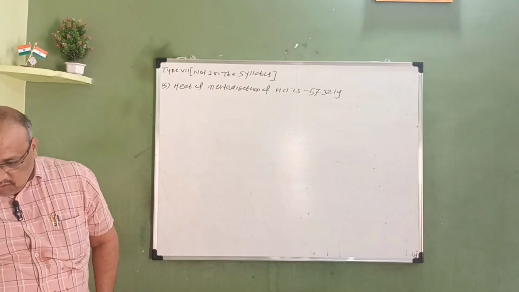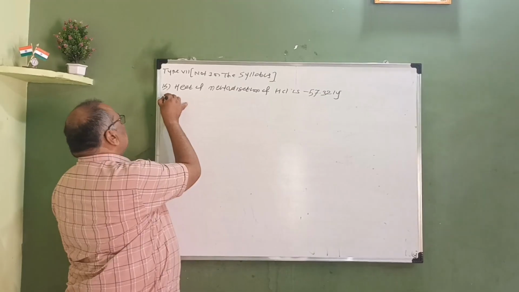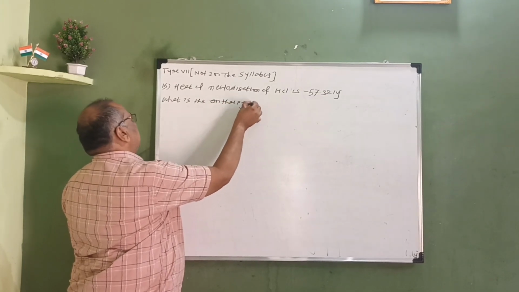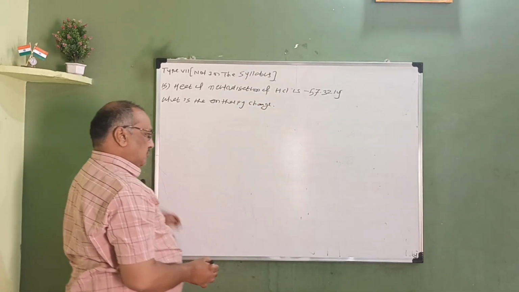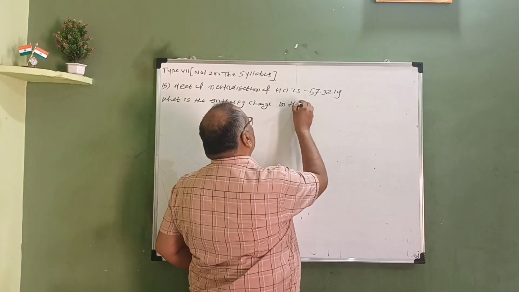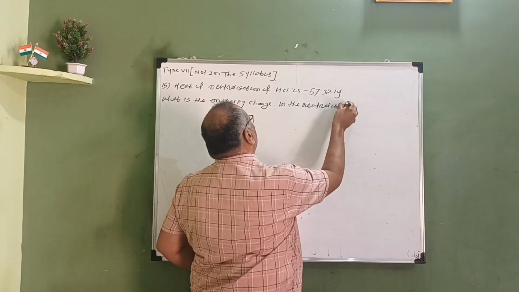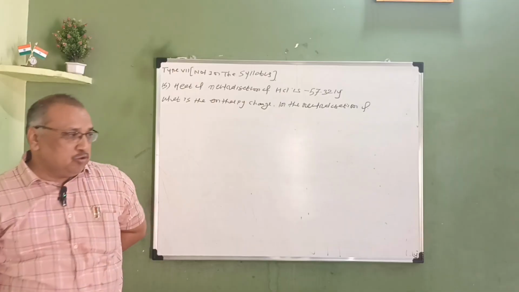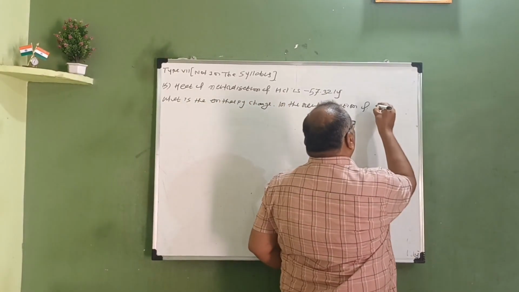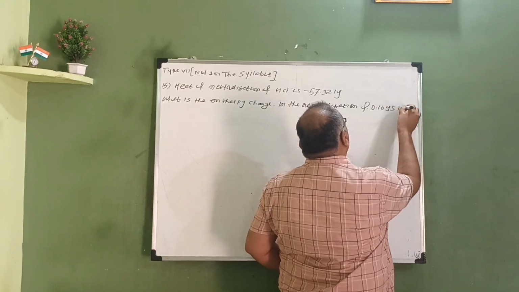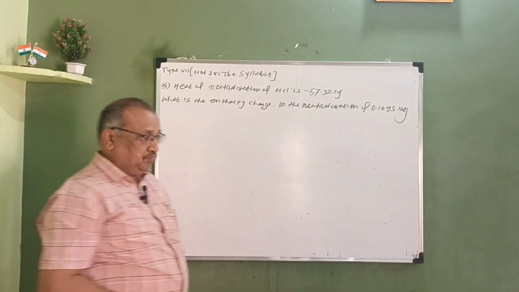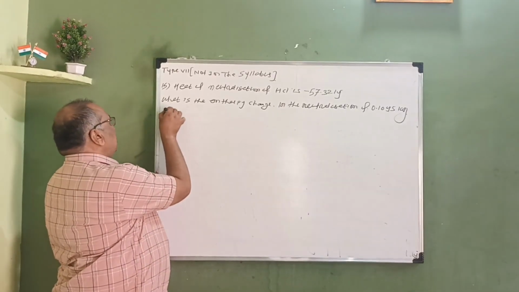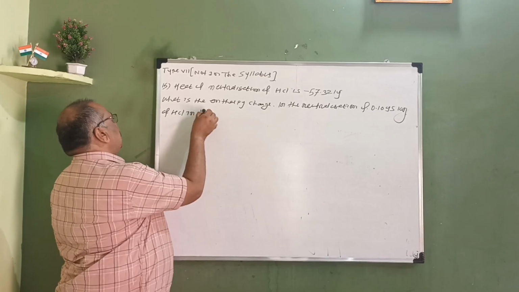Now what is the enthalpy change in the neutralization of 0.1095 kilogram of HCl in dilute solution.